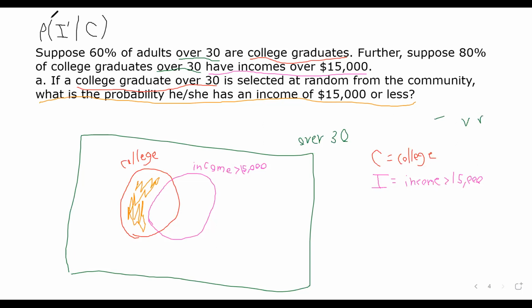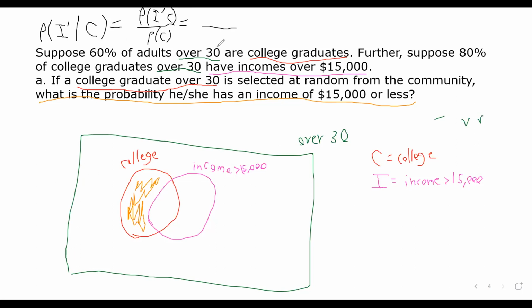So you want the probability of I prime given C, which equals the probability of I prime and C divided by the probability of C. That is the probability that someone does not make more than 15,000 and is a college graduate, divided by the probability of a college graduate.